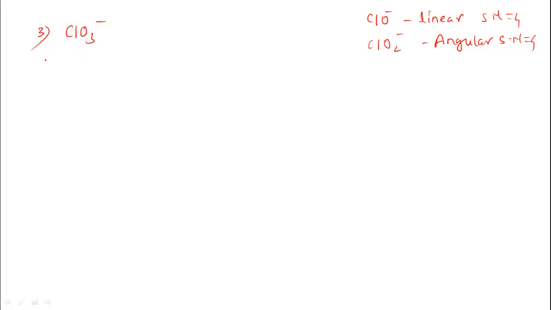So now draw the electronic dot structure of this chlorate ion, where chlorine is the central atom and oxygen atoms are bonded to the chlorine atom. First of all, according to the VSEPR theory, we have to draw the Lewis dot structure of this.